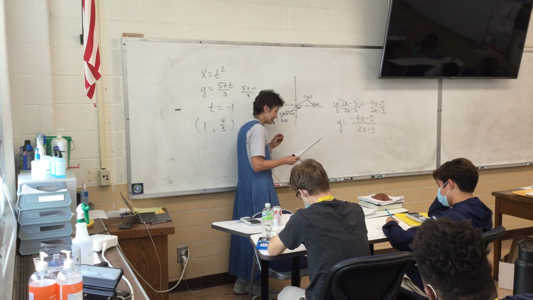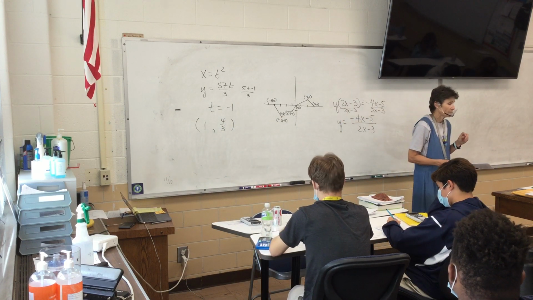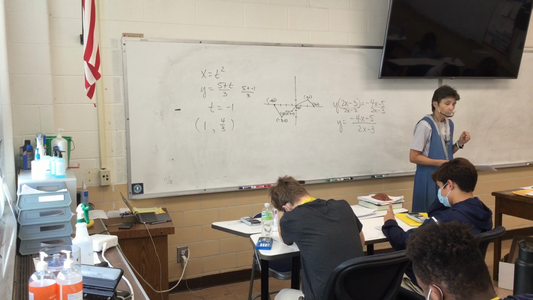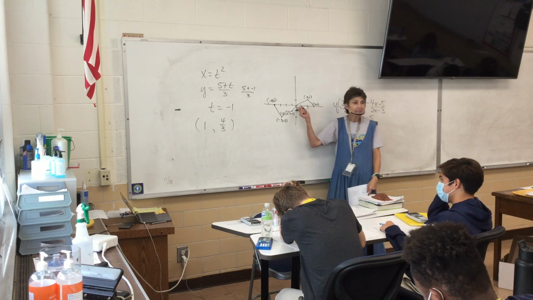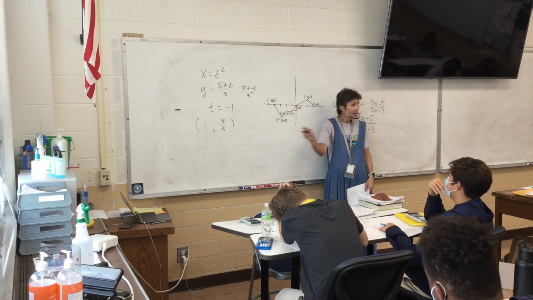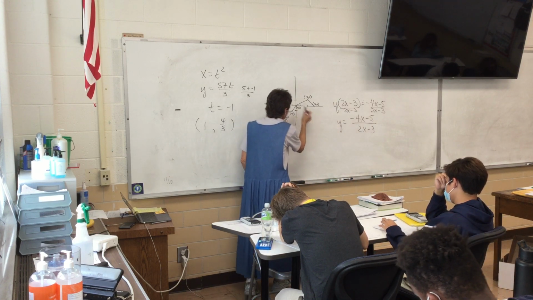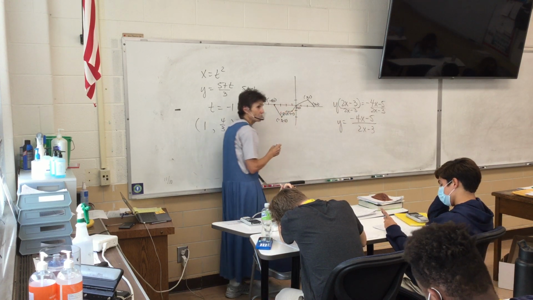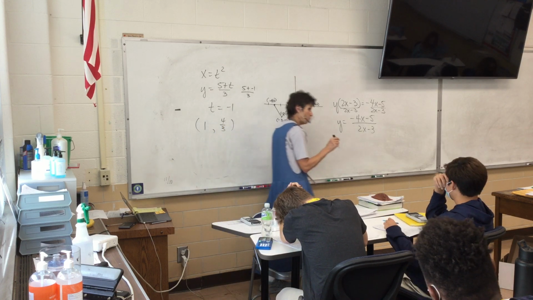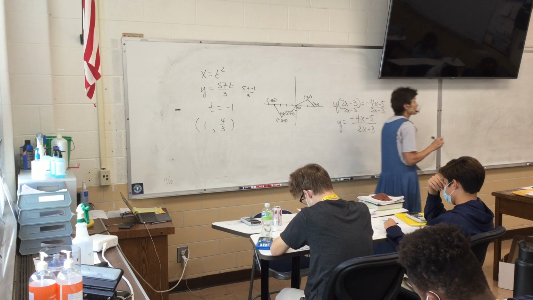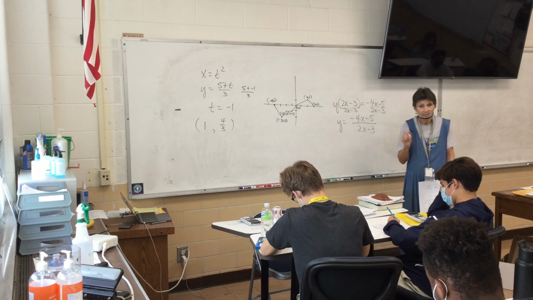Question C says, is its inverse a function? No, because if the inverse is a function, this picture has to pass the horizontal line test. Does this picture pass the horizontal line test? No. So the answer to C is no, because our original picture does not pass the horizontal line test.